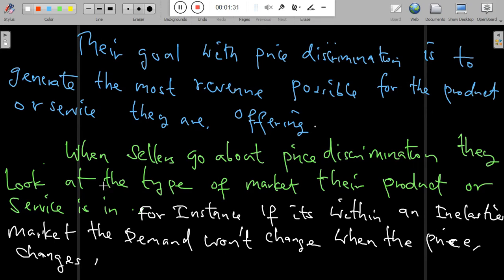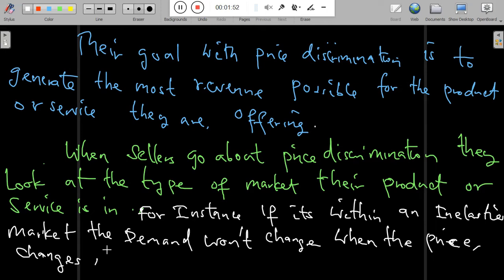When sellers go about price discrimination, they look at the type of market their product or service is in. For instance, in an elastic market, the demand will change when the price changes.